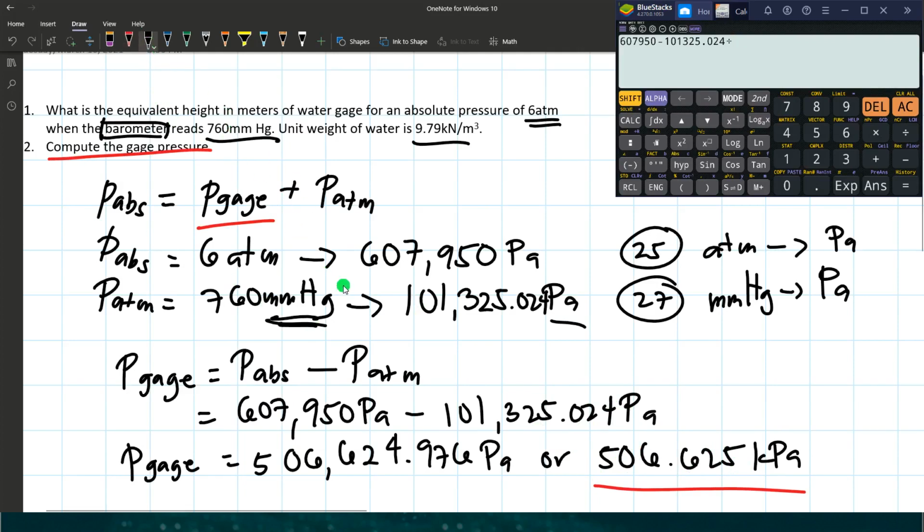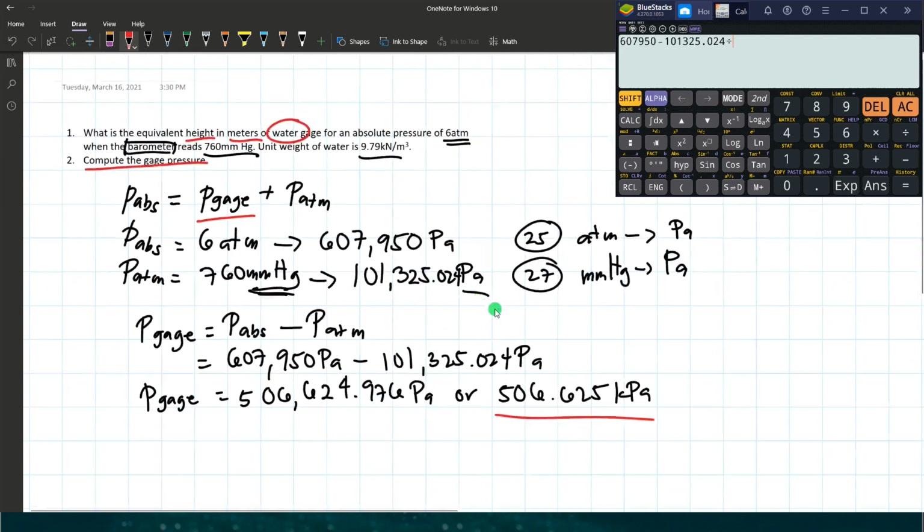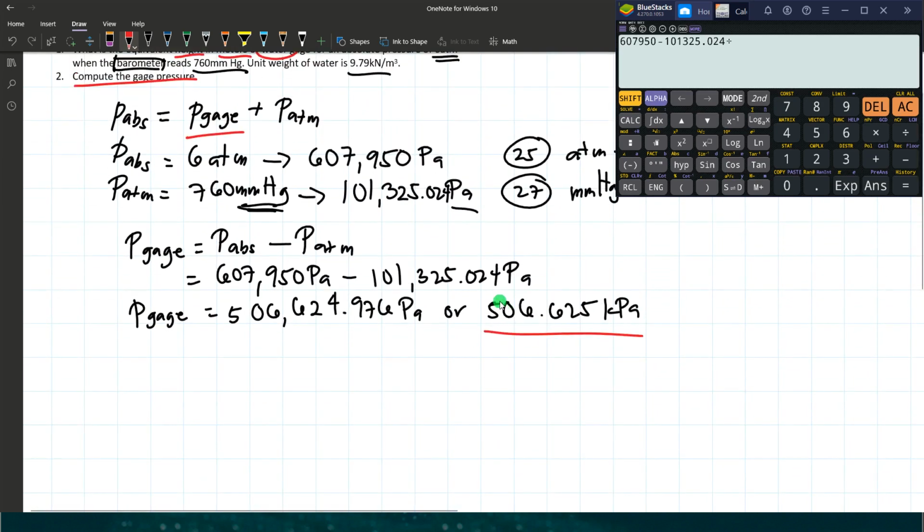Now, what is required is to determine the equivalent height in meters of water in the pressure gauge. So we already have the gauge pressure, which is 506.625 kilopascal. To determine the height of water, going back to our general formula for determining the pressure head of any fluid, we have pressure over the unit weight of that particular fluid.